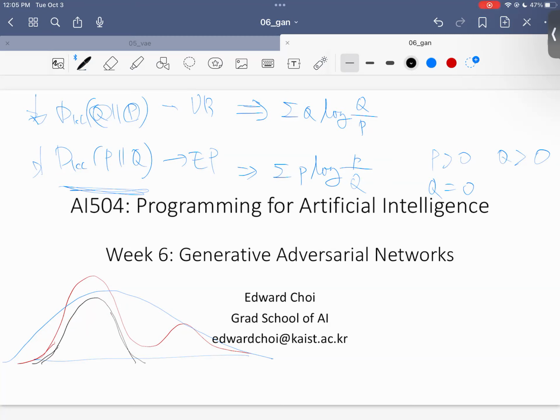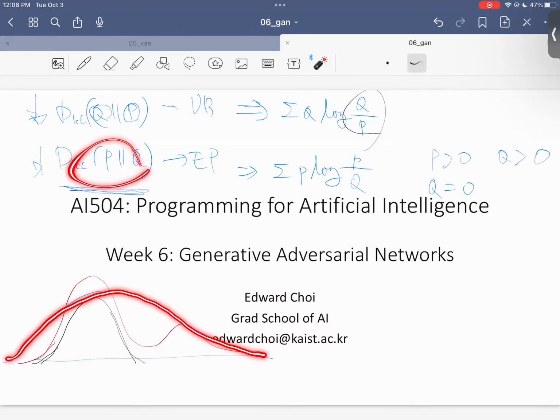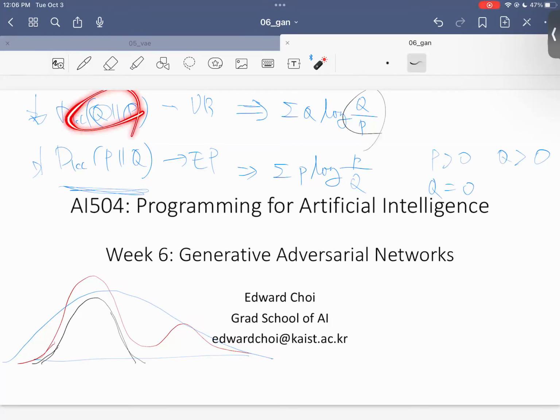P가 0인 곳에서는 Q도 무조건 0이어야 로그 Q/P가 폭발하지 않으니까요. 그러니까 두 개의 비헤이비어가 완전 달라져서, PQ로 가면 P가 커버하는 모든 걸 다 커버하려는 아주 널찍한 가우시안이 나오고, QP로 가면 P가 없는 곳에는 Q도 없어야 되기 때문에 하나만 커버하는 가우시안이 나오게 된다는 얘기입니다.